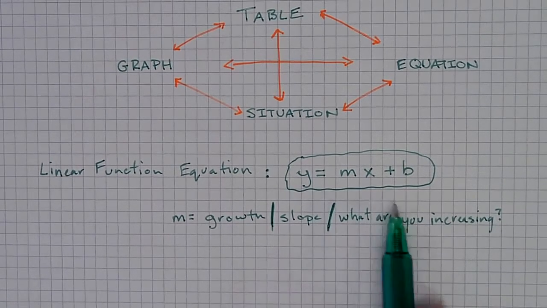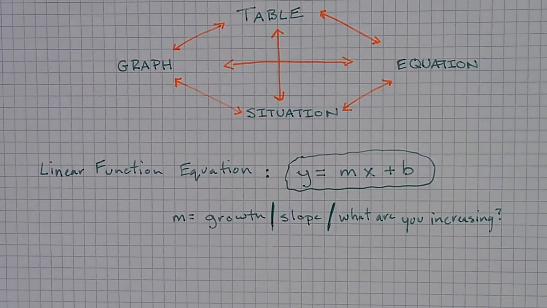Where x and y are always going to be x and y. And then m and b are what's going to be your variables. Those are the ones that are going to change based off the situation.